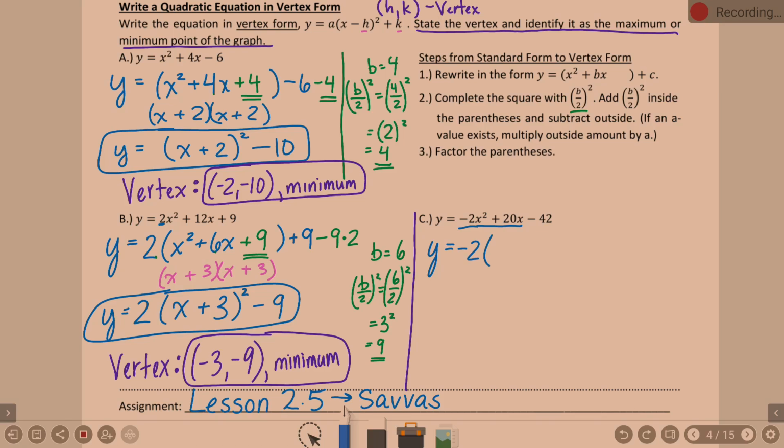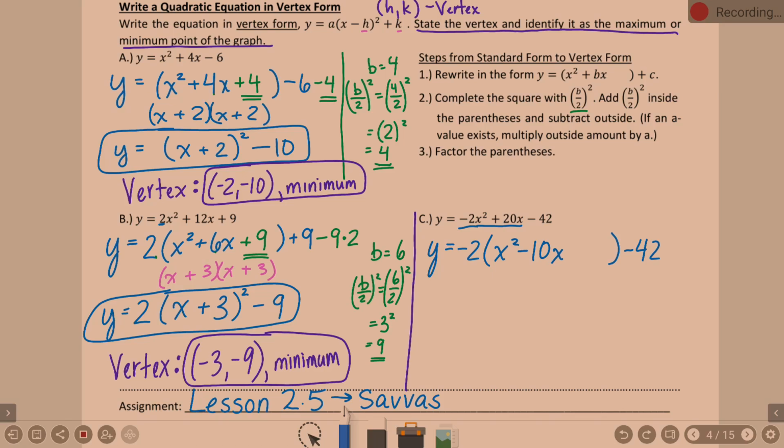Negative 2x squared, if you factor out the negative 2, is x squared. What about 20x divided by negative 2? Minus 10x. I'm going to leave a gap, and in my parentheses, minus 42 bumps outside. That's step 1.